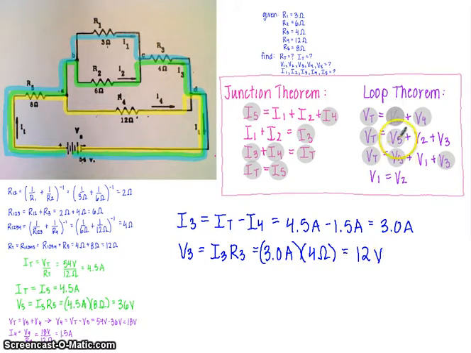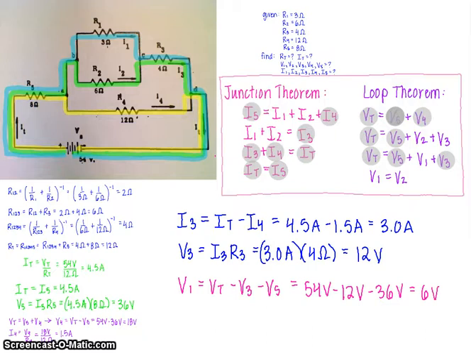Once we have that, you can see I've marked off the ones that we just recently found, V3 and I3, and that allows us to piece together another equation, which we can use to find V1. We rearrange the equation for V1, make our substitutions, and we get 6 volts for V1. Knowing V1, we can find I1.